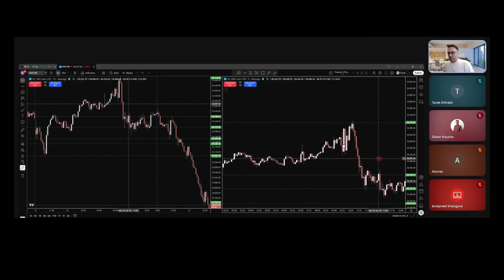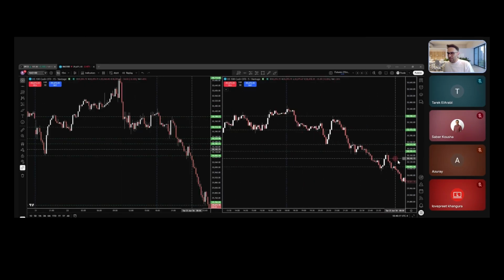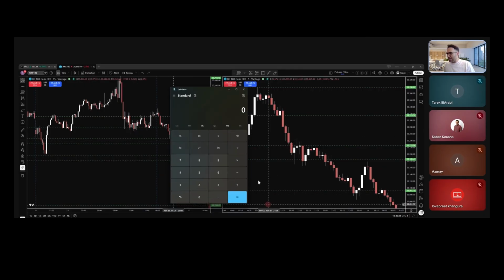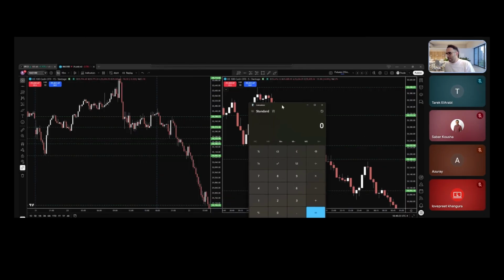If I go to the 5-minute, in the 5-minute it was that candle here. I was seeing that. It was like that. Okay, the wick is a bit above that, but I will not look at it. That's actually a piercing. The piercing is the opposite of engulfing.